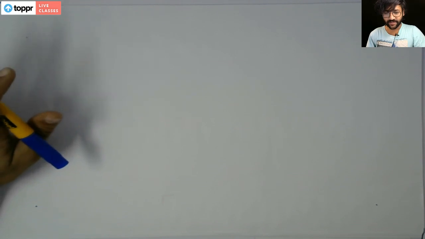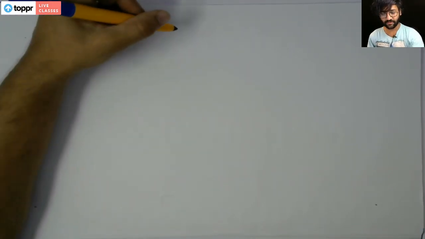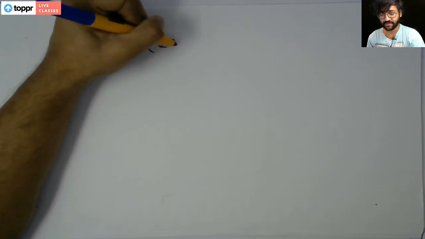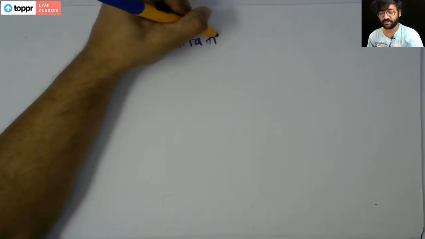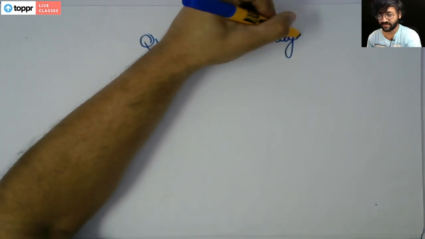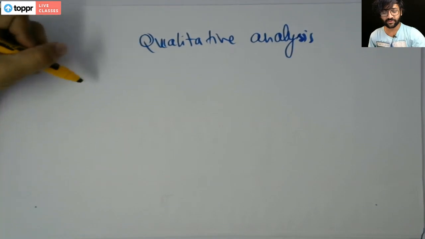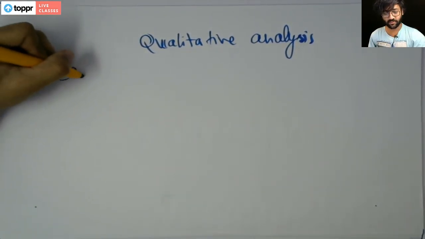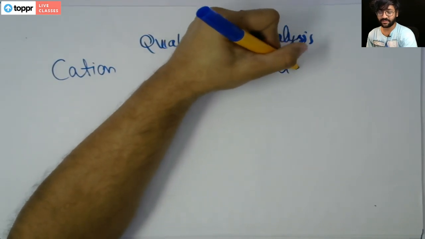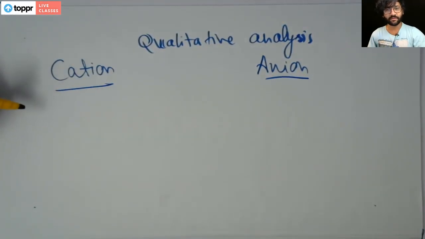All right, so we're talking about what? Qualitative analysis. Now in our chemistry, we know that we have two parts to our salts. One is cation and the other is anion, right?